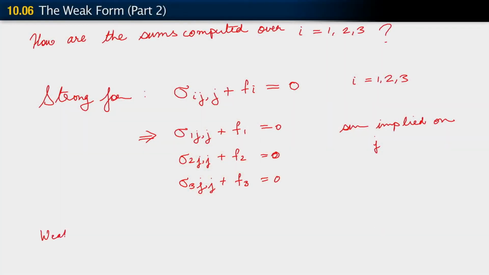We take that same equation, sigma ij comma j plus fi equals 0, and multiply it through by wi, and now there's a sum on i and j. In so doing, we have essentially collapsed the three equations that we started out with into one.